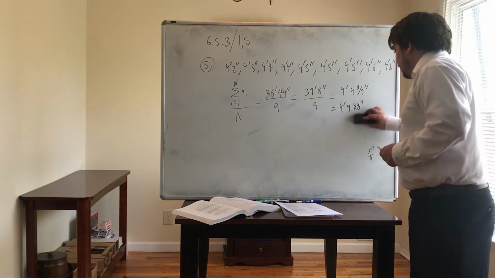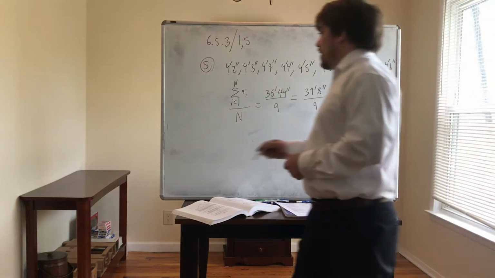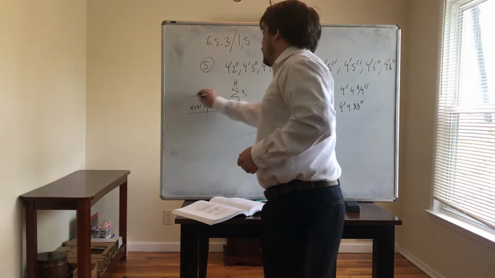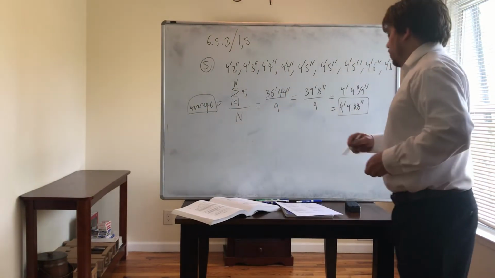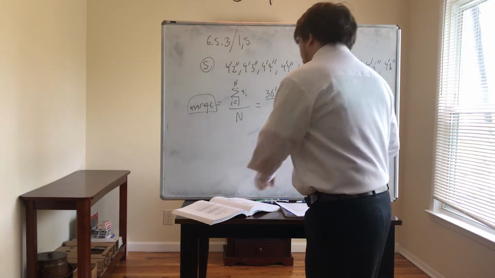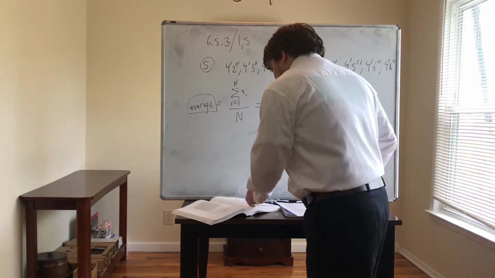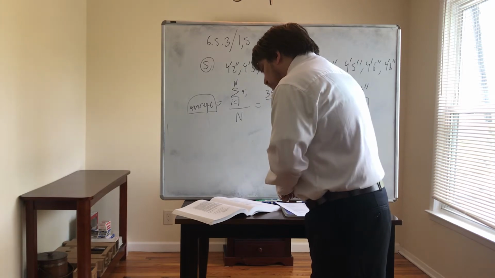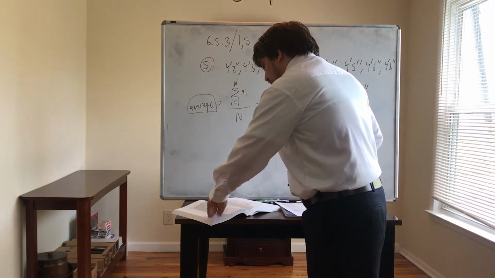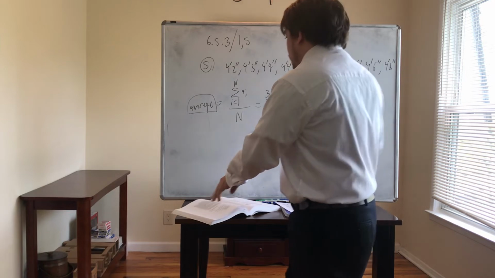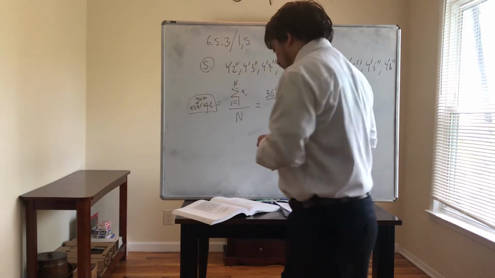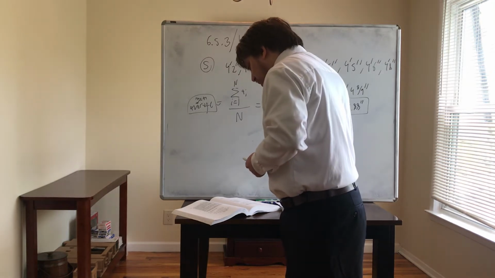Okay, so that's the average height. The mean is also called the average. Okay, so then we also want to find the variance of the set of heights.